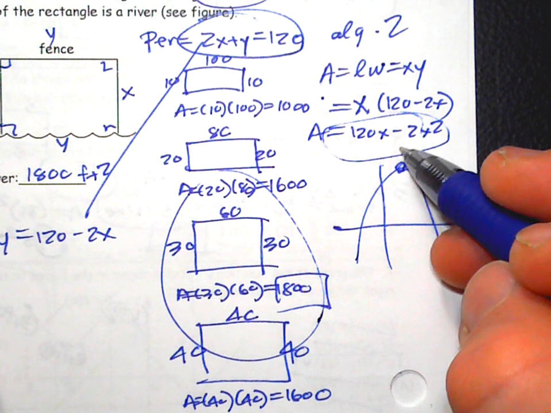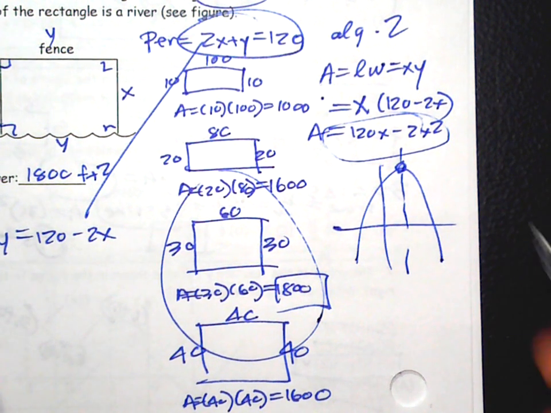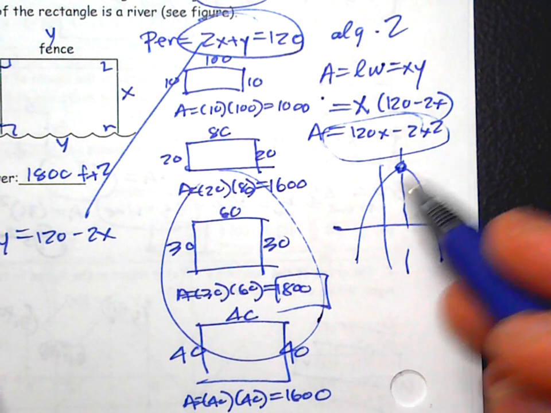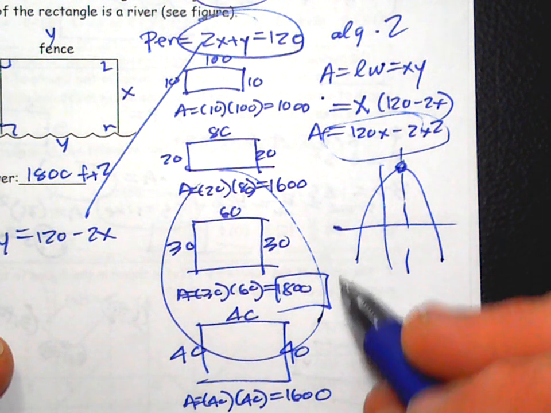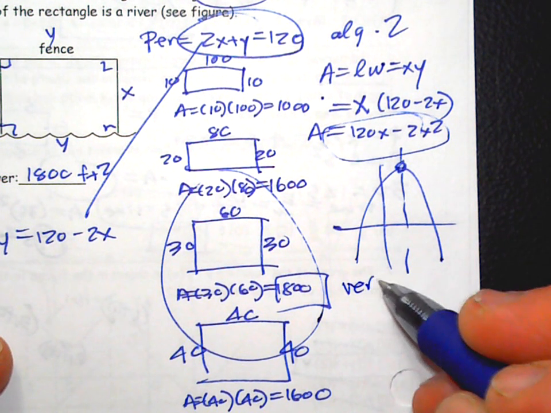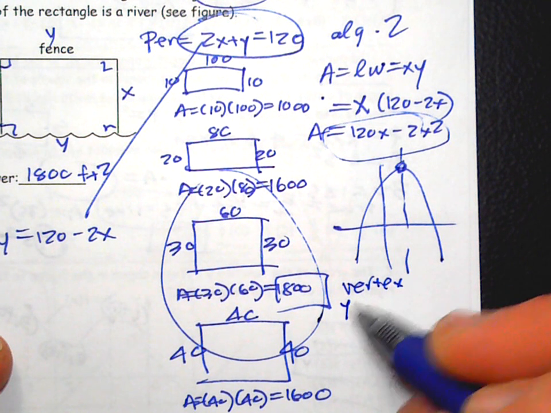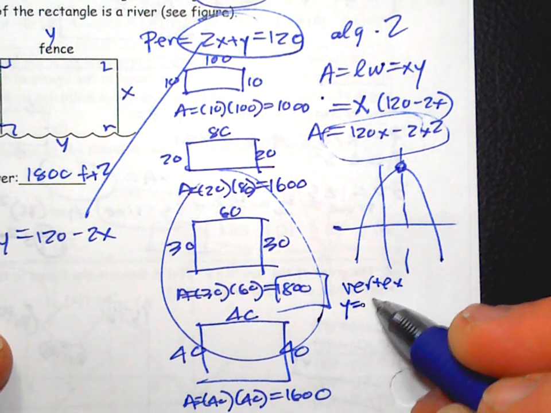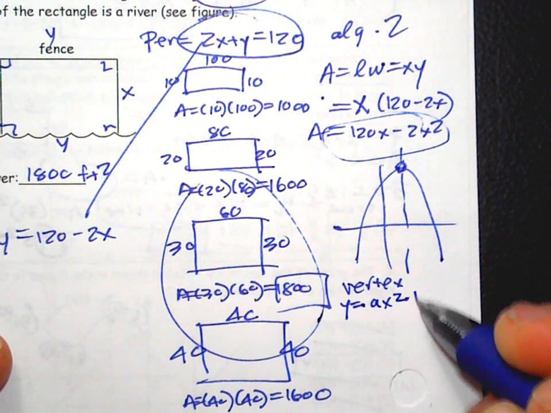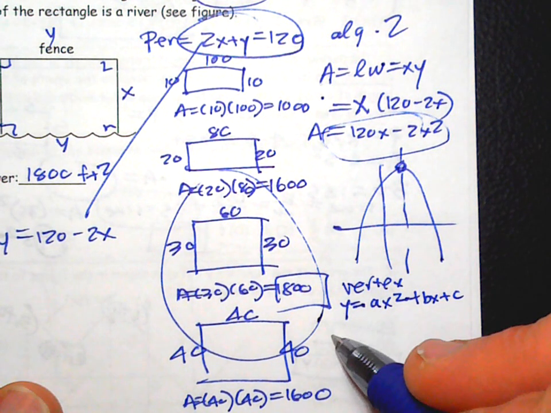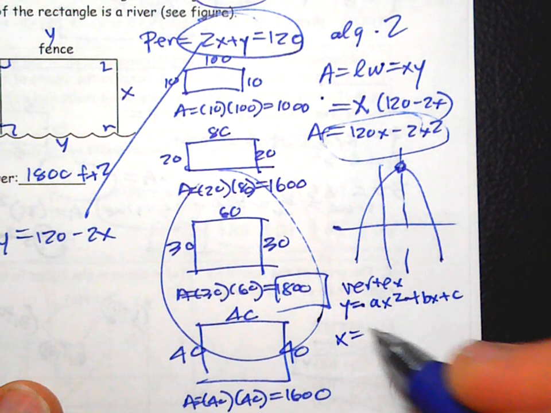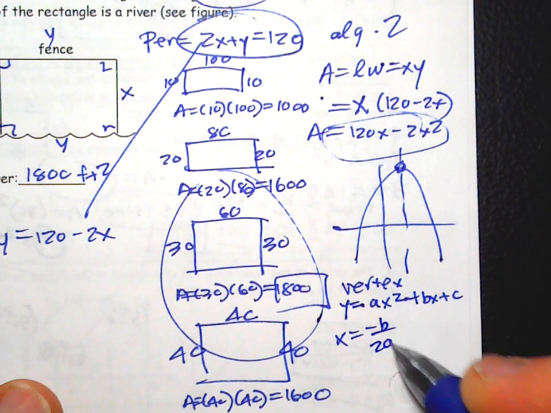And the biggest output of that's going to be at the vertex. So then you can find the vertex. You can say, well, what's the vertex? There's this equation you probably memorized in Algebra 1 for quadratic functions, and the vertex was at negative b over 2a. Maybe just memorize that.